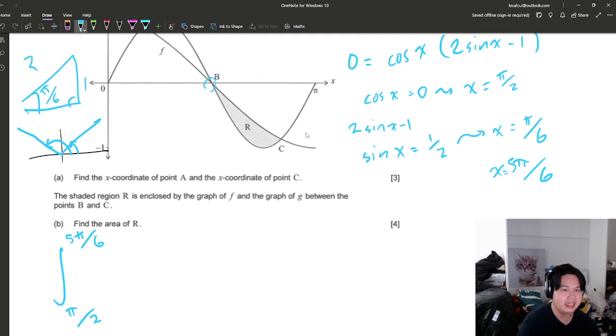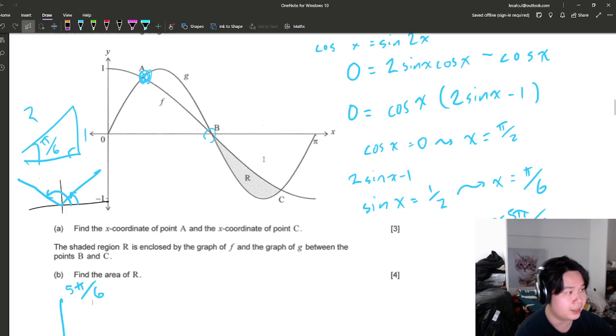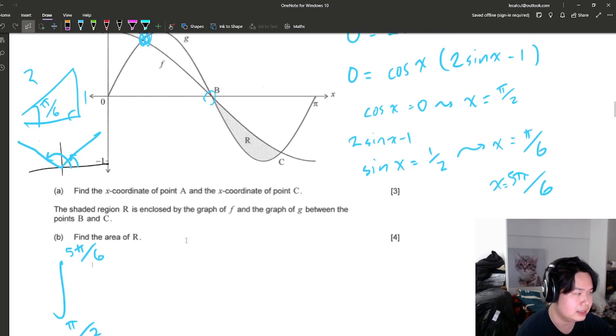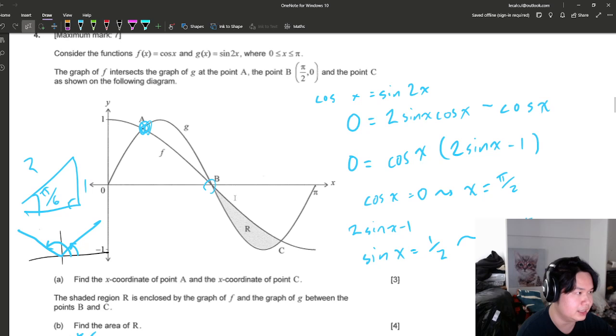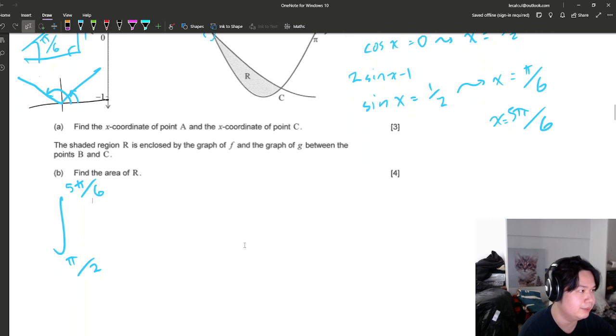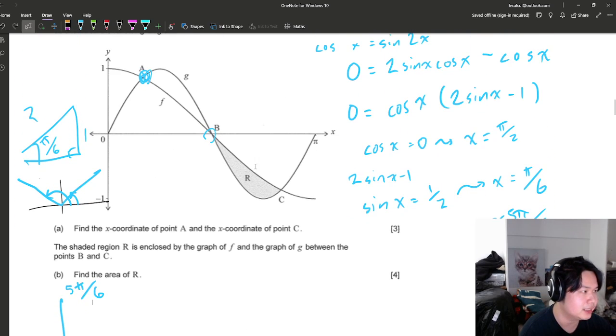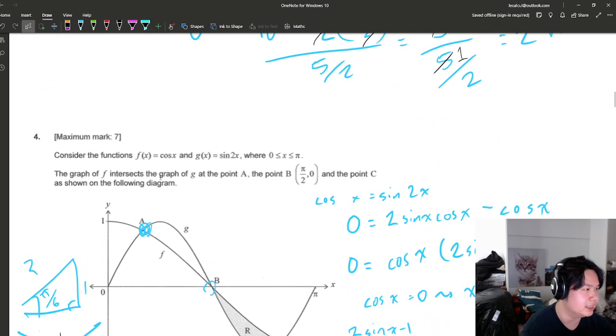Okay, and then, sorry, I just had to take a look. When you want to find the area between two functions, the integrand is the function on top minus the function on the bottom. So f is the one on top, and f is cosine.